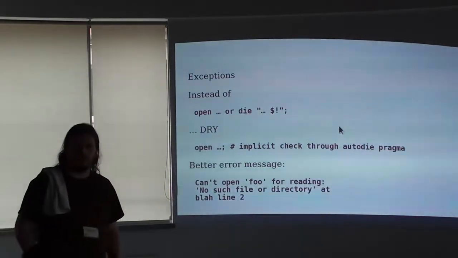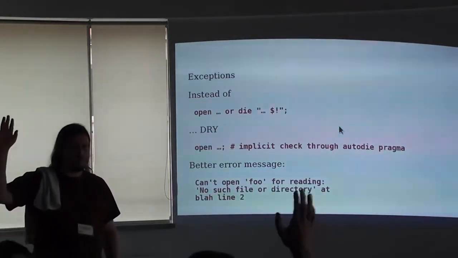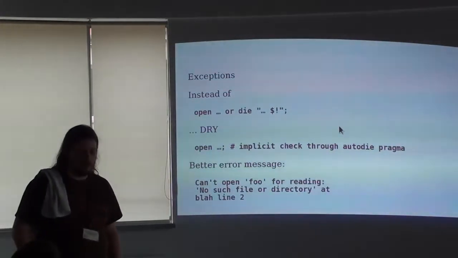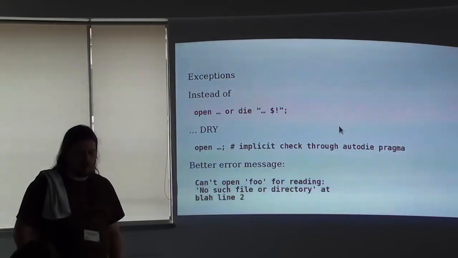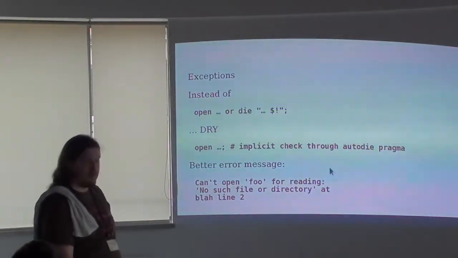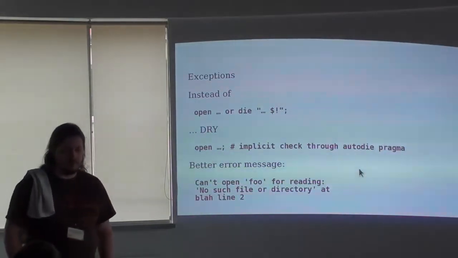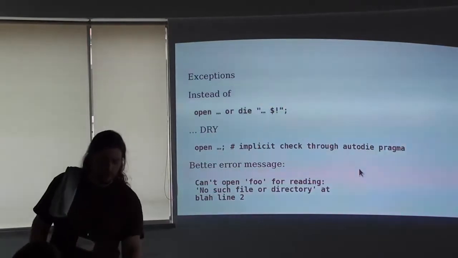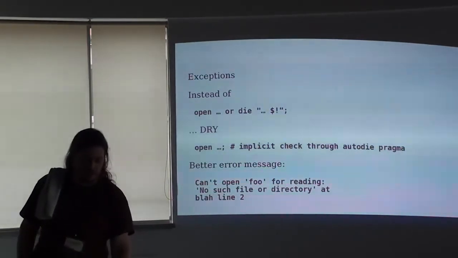It knows already that one should use it. Check it out, this is also part of the Perl core distribution. And then you will get a nice and sane error message, probably better than what you have written yourself, because it also tells you where it was and so on.